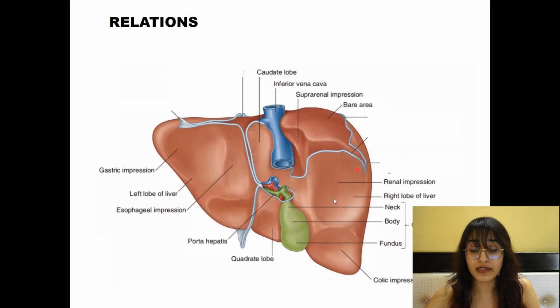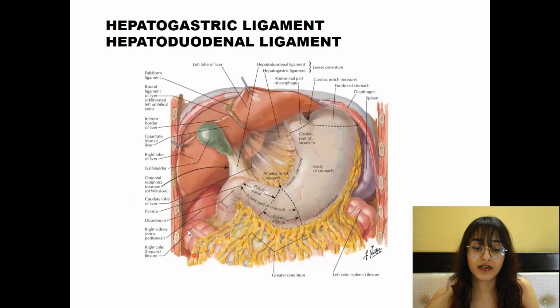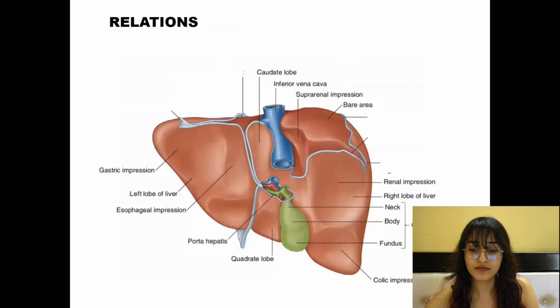More laterally, we have renal impression and suprarenal impression. And below, we have colic impression. Hepatic flexure of colon. There's impression of this flexure on the inferior surface of liver. So this was the colic impression.